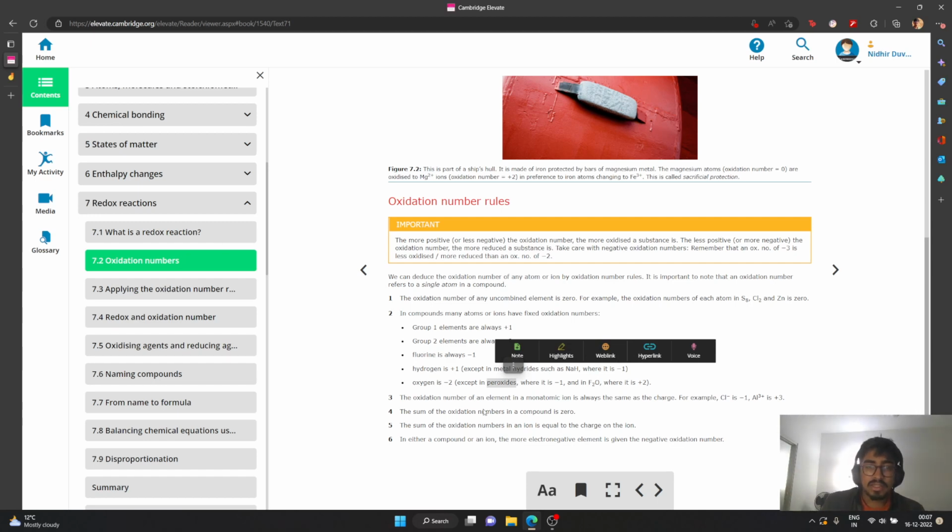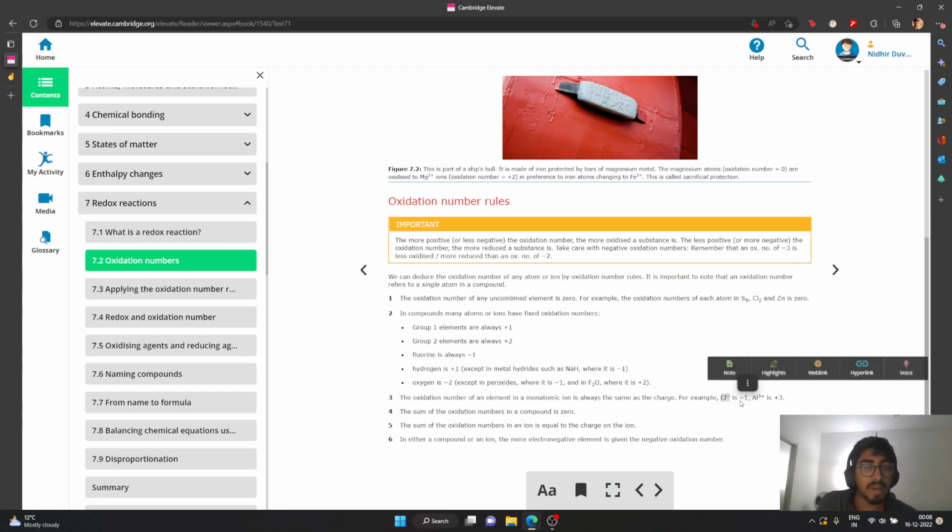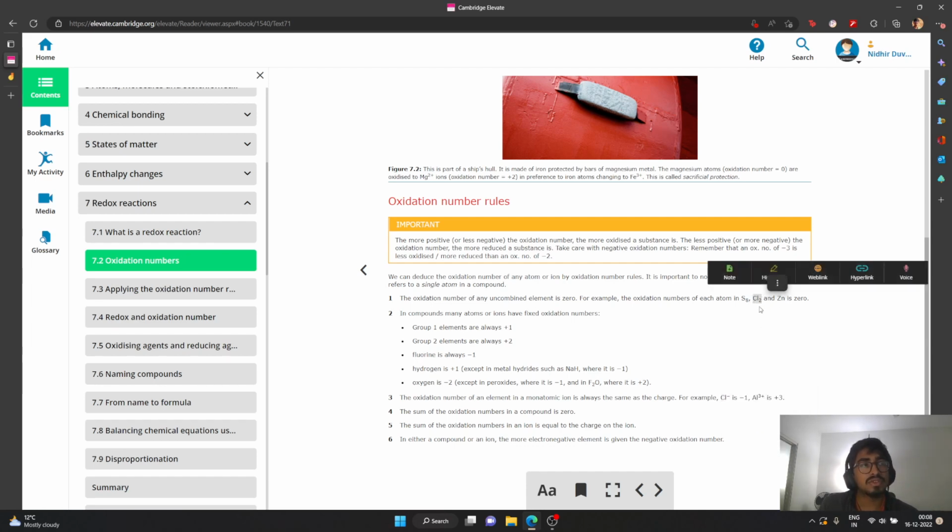The next rule is that the oxidation number is the same as the charge for ions. If this is Cl minus, which is an ion, then this Cl's oxidation number is minus 1. If this was an atom, like Cl2, then each Cl's oxidation number is 0, 0 and 0, and the total is also 0.